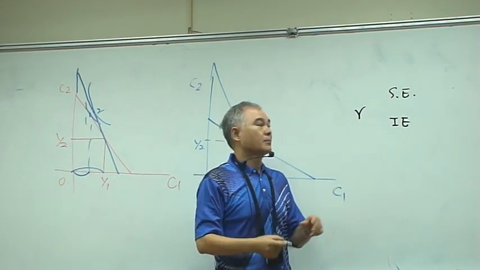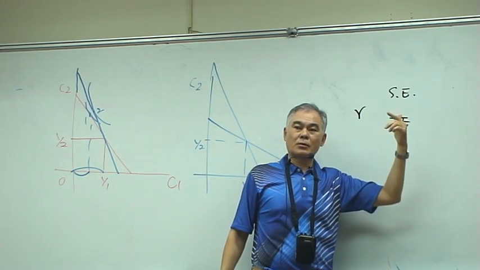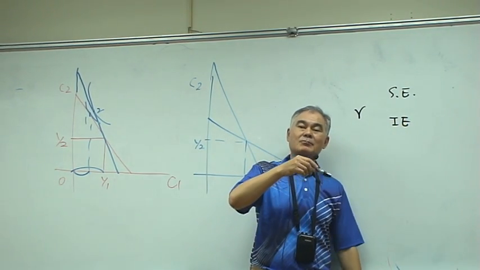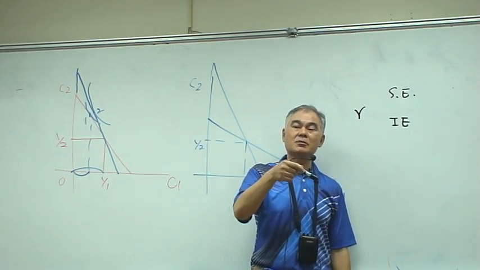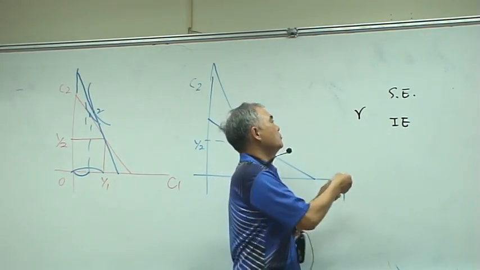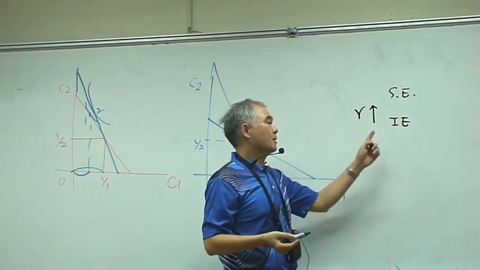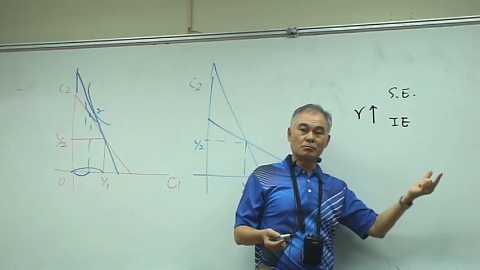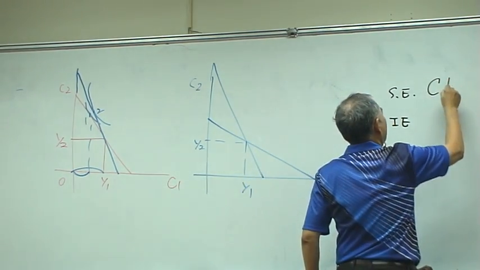Remember that? Okay. For substitution effect, we say substitution effect is always negative. If something becomes more expensive, then you buy less. If something becomes cheaper, you buy more. So if interest rate goes up, what happens? It becomes more expensive to consume. And so for substitution effect, consumption will go down.